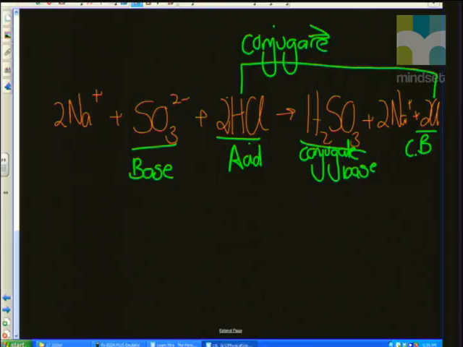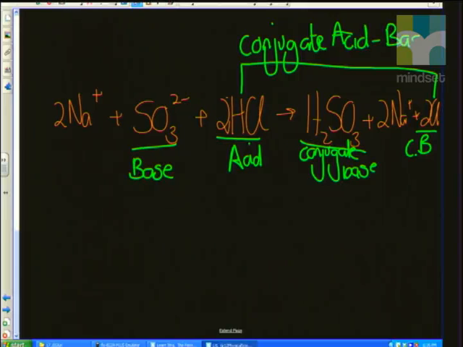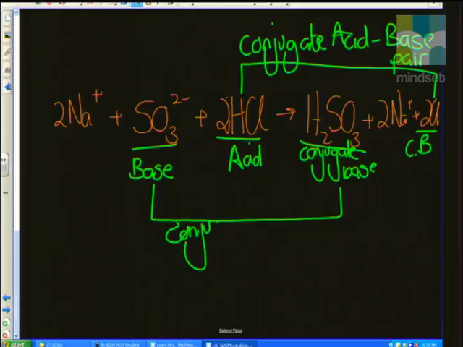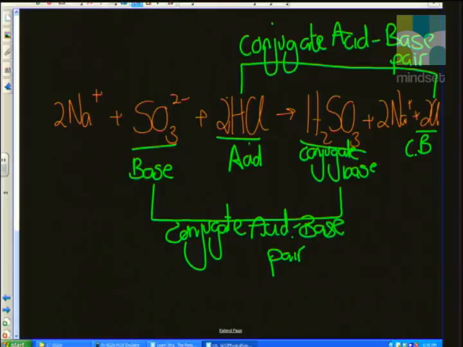Just pretend that's a T. But wow, should not have broken the pen. And then your other one is the SO3 2- and the H2SO3, and that's also a conjugate acid-base pair. Guys, you want to make sure that your examiner knows exactly what goes with what.